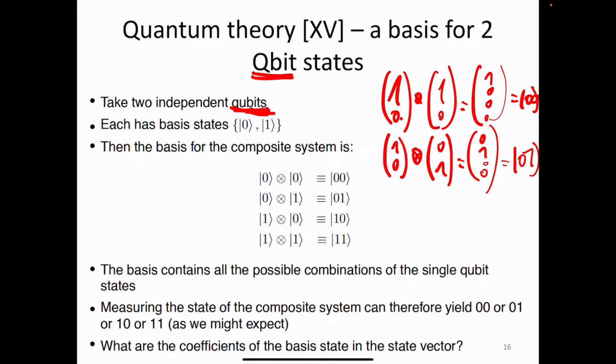So the basis states, to sum this up, contain all the possible combinations of the single qubit states. And measuring the state of the composite system can therefore yield 00, 01, 11, or 10, as we might expect.